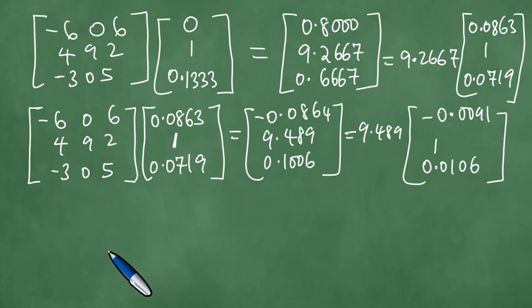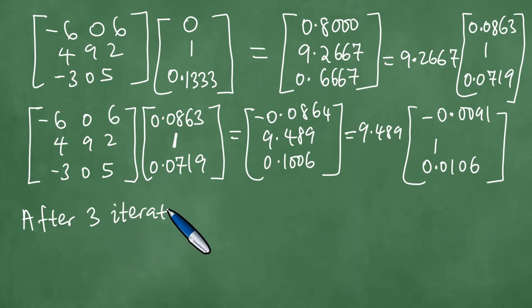And so here is the implication of these computations. After 3 iterations, we obtain this that sits here is the lambda.